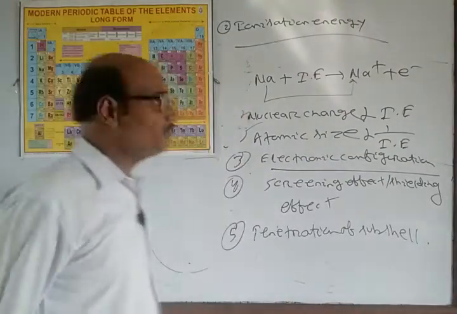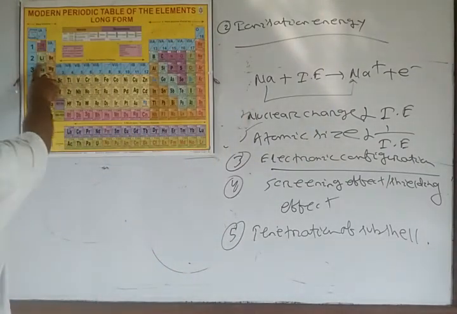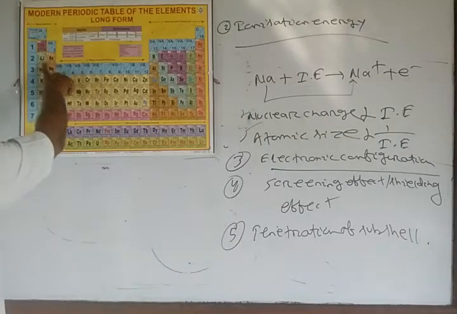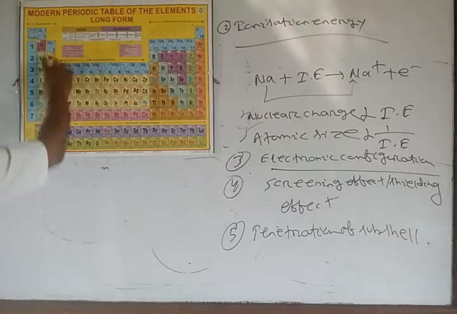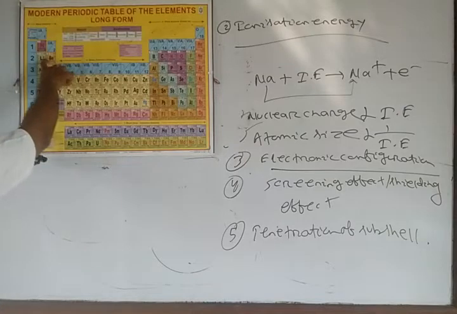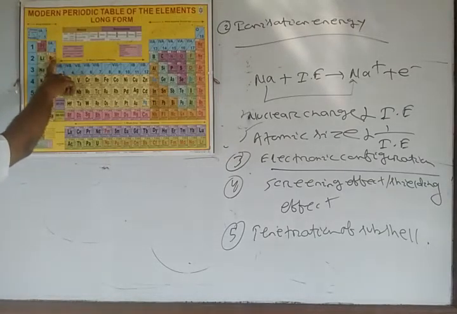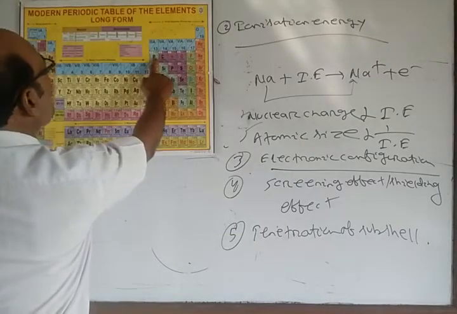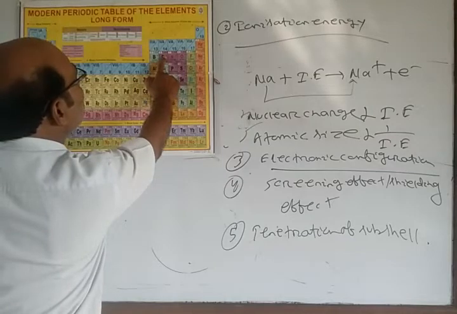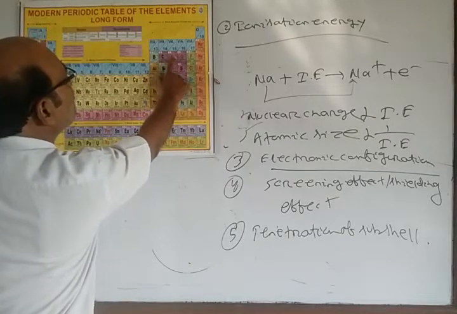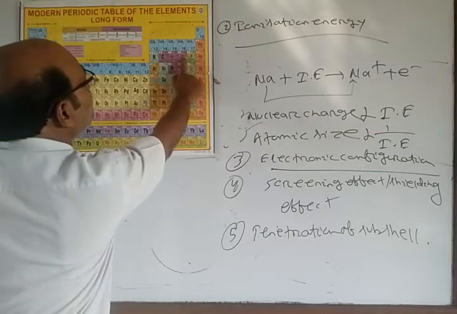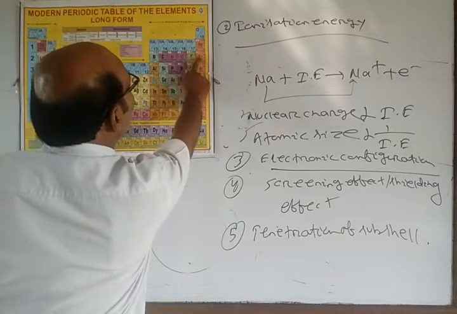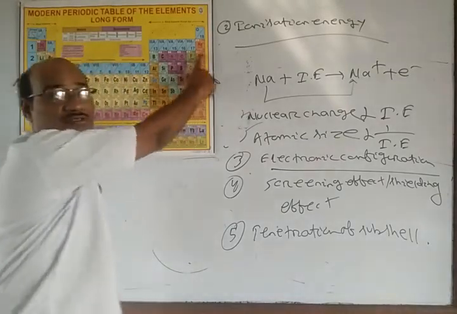If you compare, you see, lithium 520.2, the first ionization energy. Beryllium 899.4. Compare here to boron, 800, then 1086, then 1402.3, then 1313.9, then 1681, then 2080.6.